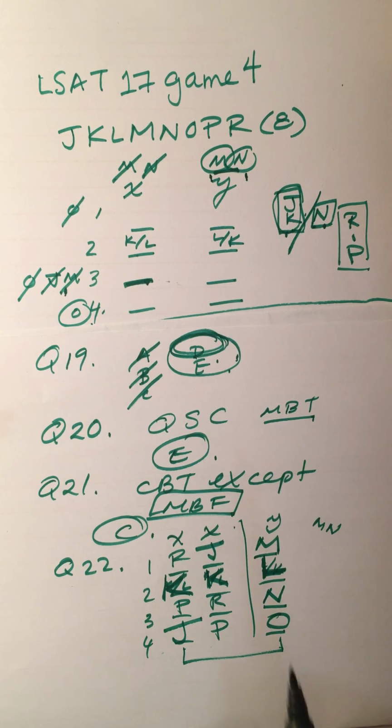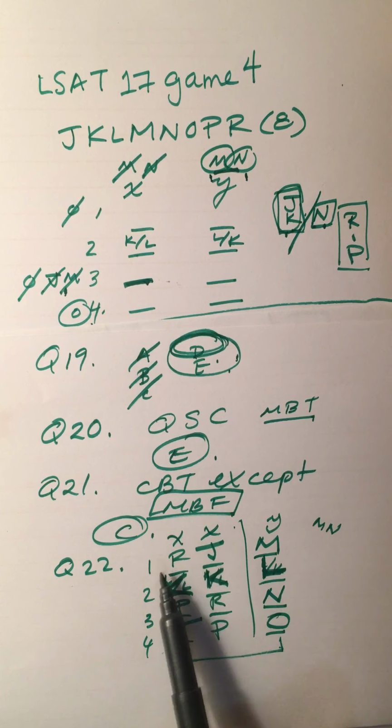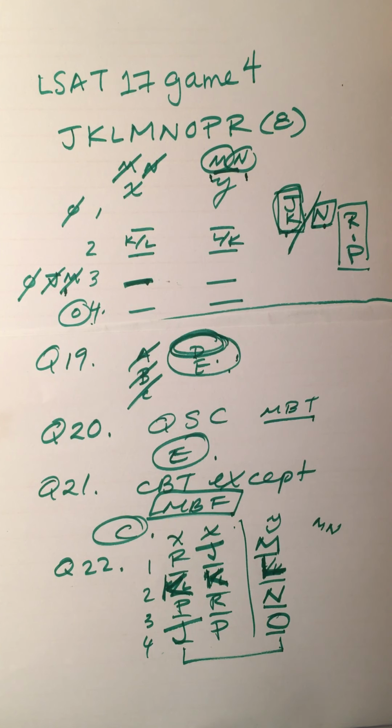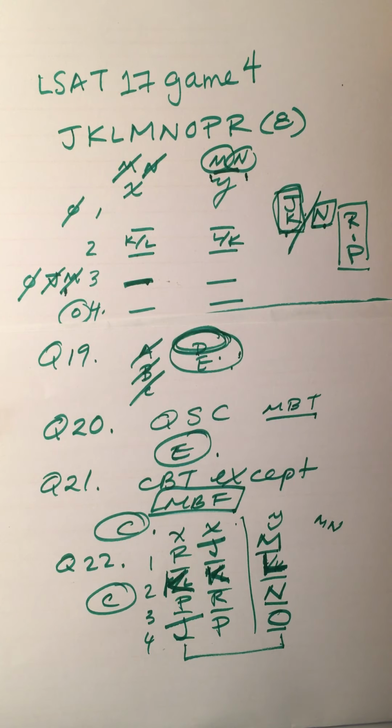So I didn't even need to create two scenarios for Y. I have two scenarios for X that are equally valid, and that helps me to eliminate D and E. So the correct answer here is C, also by process of elimination. And obviously this one took more time than the other questions because the work that we did on question 18 wasn't useful for this question.